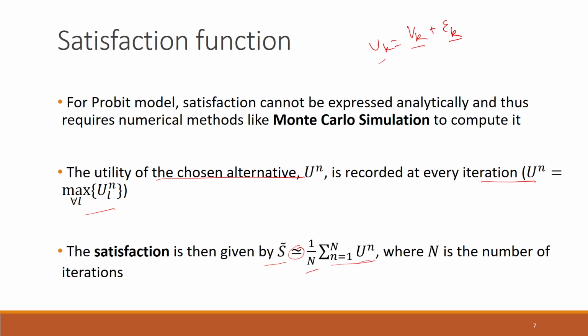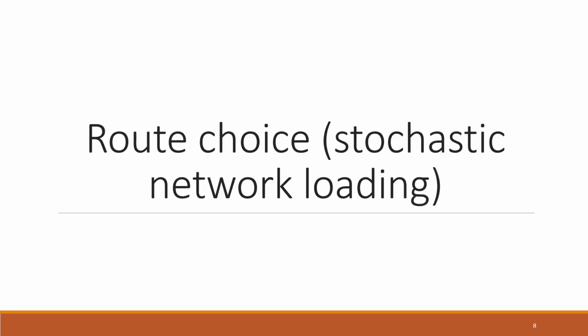This is telling that this is approximately equal to this expression, and it will be exactly equal only when the capital N, the number of iterations, goes to infinity. That is why this symbol has been written here. With this we have completed the discussion of the satisfaction function.